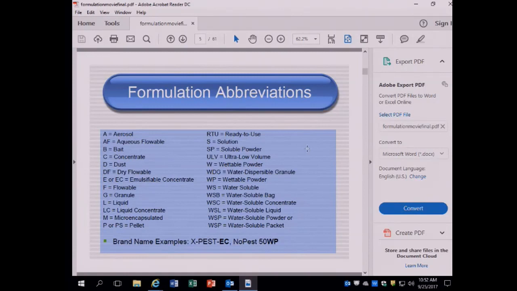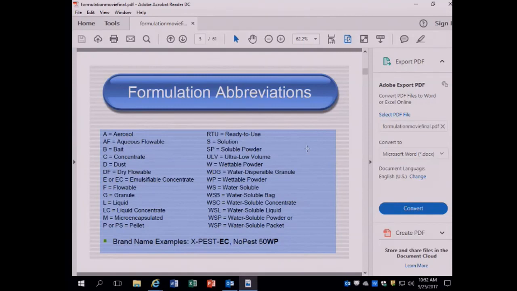With a water soluble bag, you just take that half a pound thing and pitch it over in the tank, and the water from your nurse tank is going to dissolve that bag and make it available for the pesticide to be diluted.